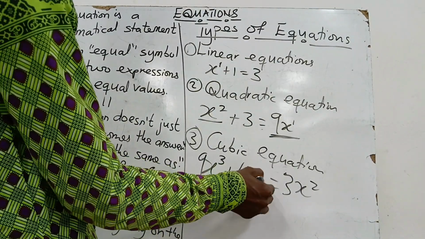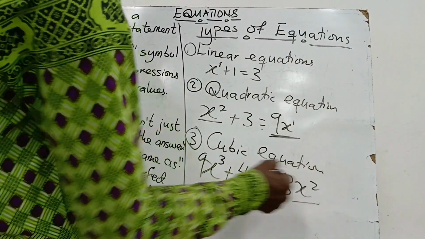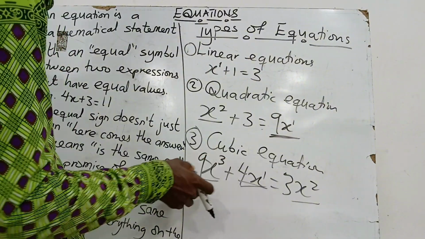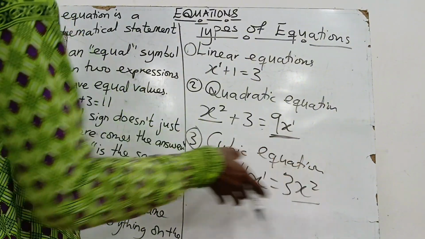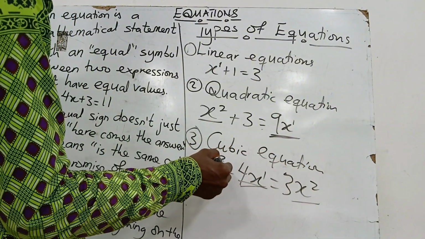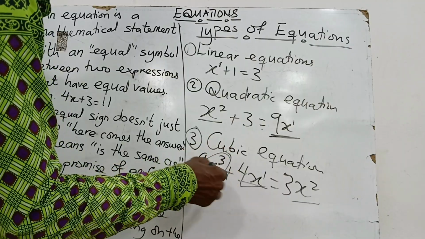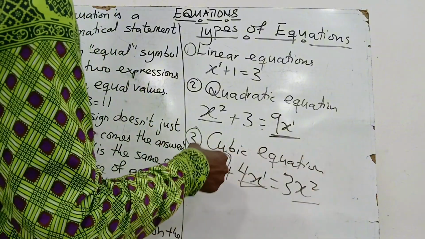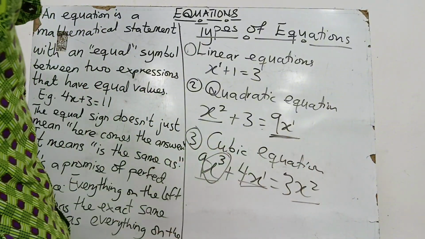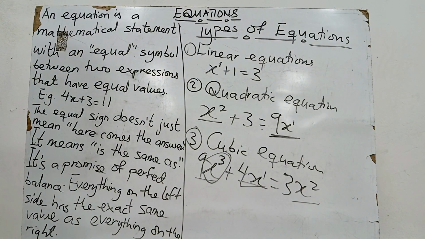This x is raised to the power 1, this is raised to the power 2, this is raised to the power 3. The highest power, when you look at the letters, is x raised to the power 3. And because of this, it makes this equation a cubic equation. So these are the types of equations I want you to know, at least for now.